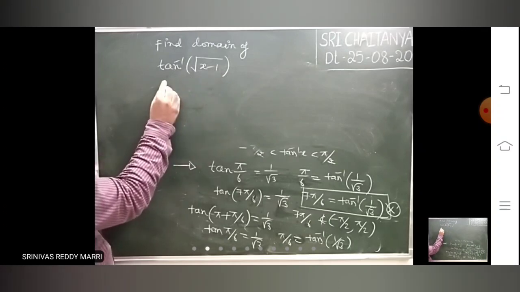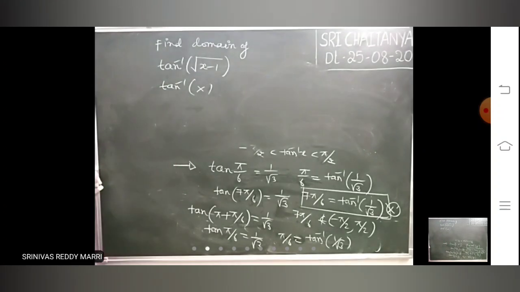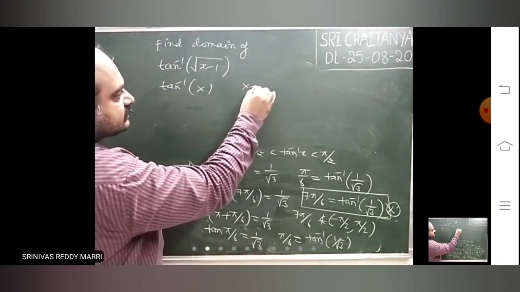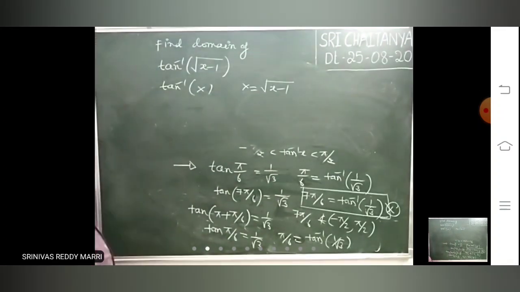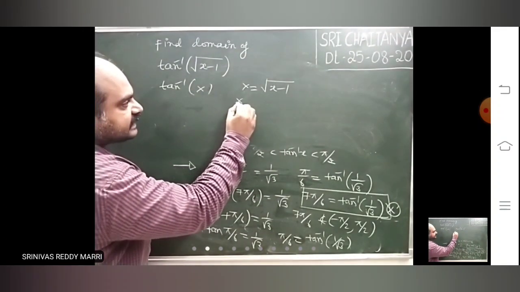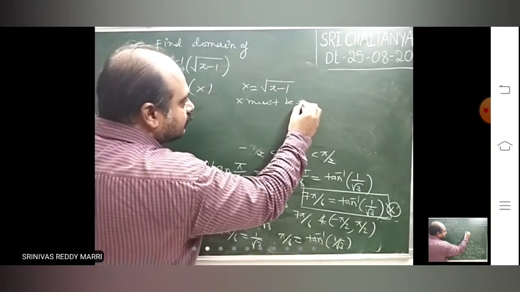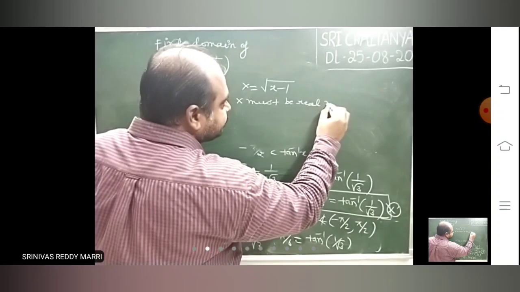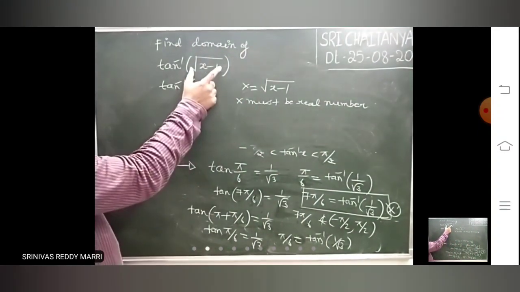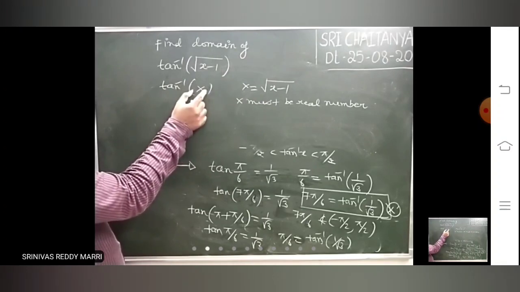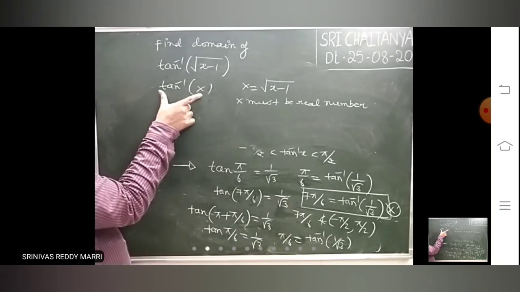Take tan inverse of capital X. Capital X must be a real number, because inside it is the tan inverse capital X. If it is a real number, it will be defined.